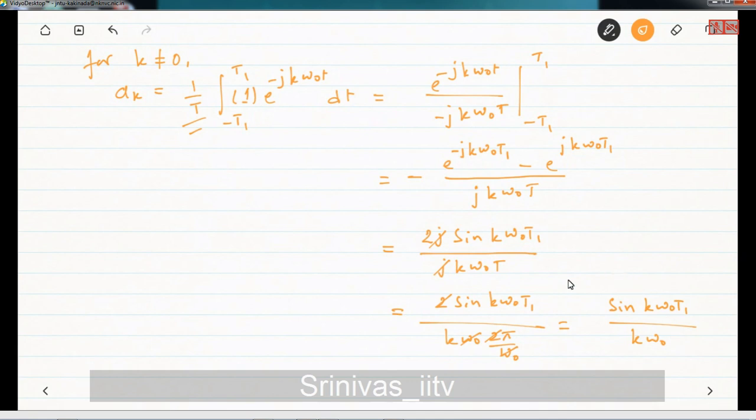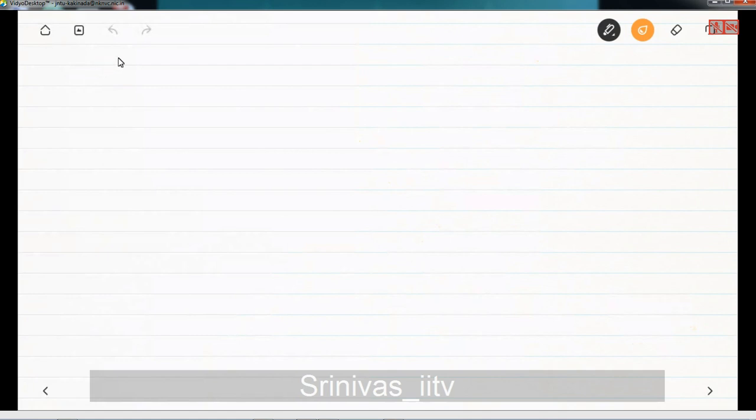So what do we have now? We have a0 is equal to 2t1 by T, and ak is equal to sine k omega naught t1 divided by k pi for k not equal to 0, right?